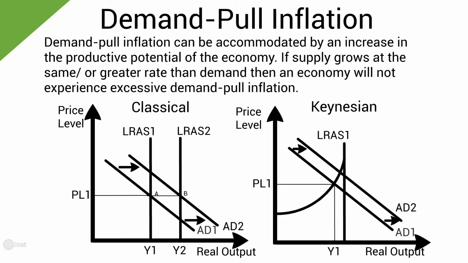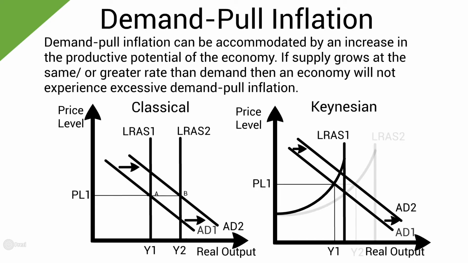If the supply side of the economy was to remain constant, i.e. was LRAS 1, then this would result in a greater level of real output, but at a higher price level in the economy. Now, suppose that the government engages in supply-side policies, which increases the productive potential of the economy.